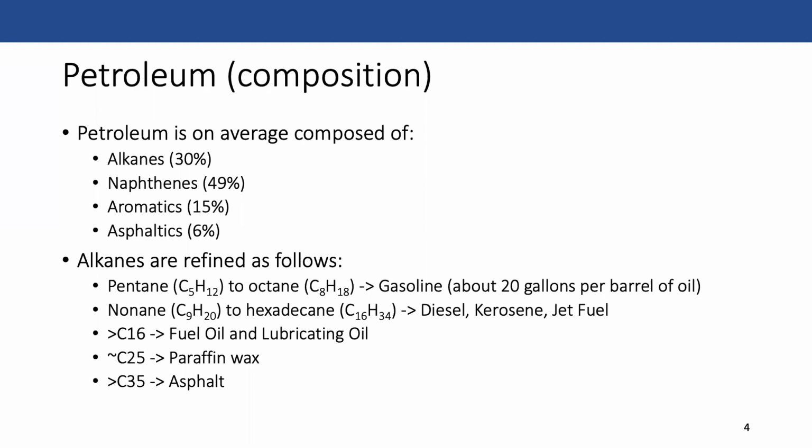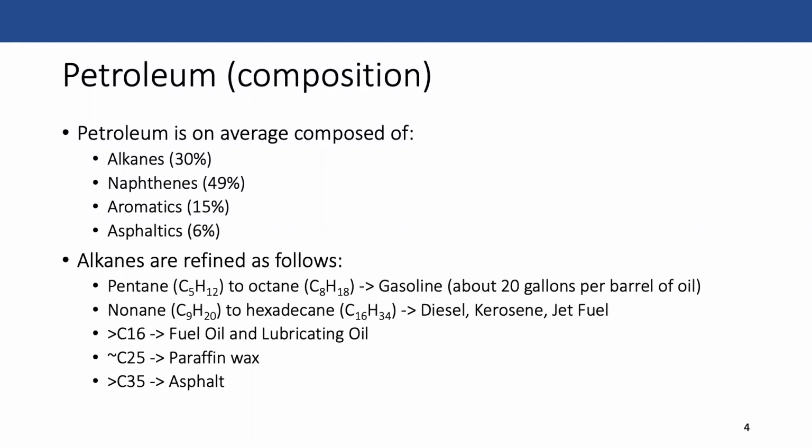But alkanes, which are your typical hydrocarbons, you've got naphthenes, aromatics, and asphaltics, and a lot of these different products within crude oil can be used to produce different end products. You may think of crude oil typically as analogous to gasoline, but actually we can use it to produce plastics, waxes, and a whole range of other byproducts.